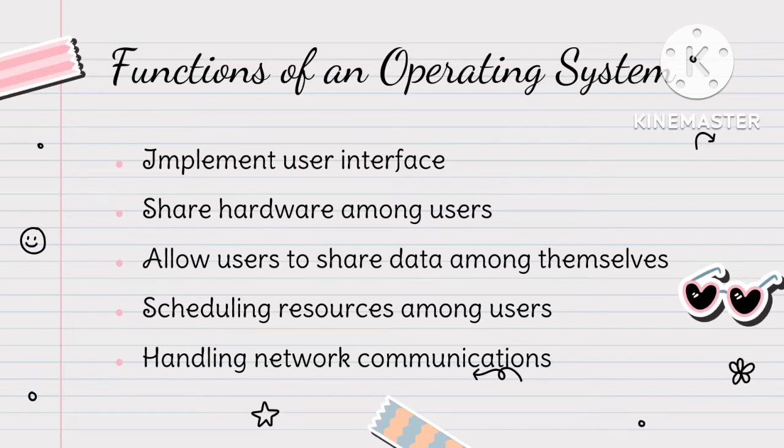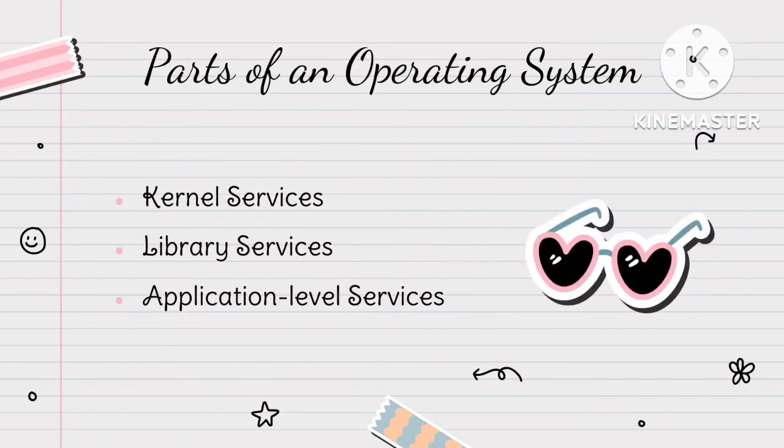It also helps in protecting the resources between the users. If there is a login like student 1, that login can't access the resources created by the student 2 login. So the operating system handles user roles, and it also handles network communications.